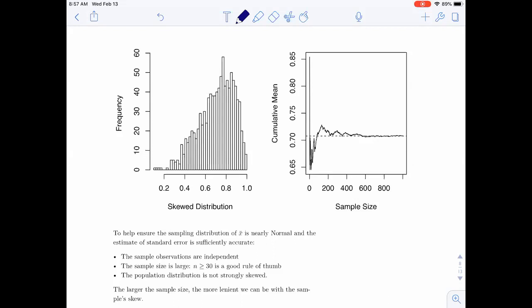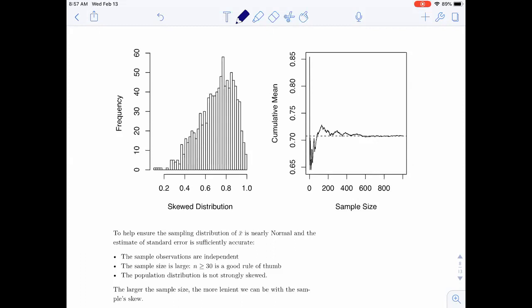And so what we're going to do is take one guy and calculate the average of that guy. It looks like it's way up there. Then we keep that guy that we've sampled already, and we pick out another one. So now we've got a sample size of not 1, but 2. Now we calculate the average, and that brings the average down to here.